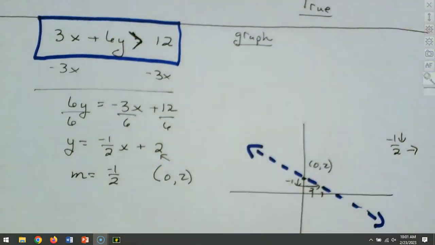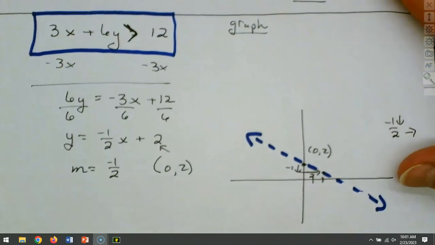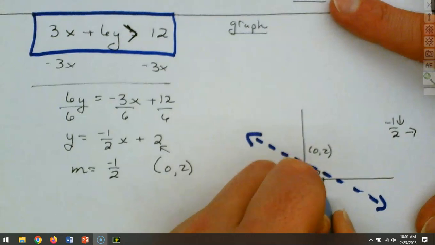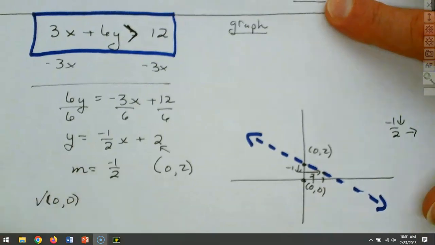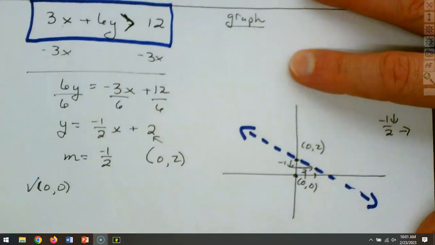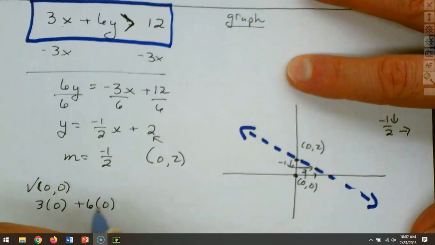And then we check 0, 0. Where's 0, 0 at? All right, 0, 0 is right here. And so now we're just going to check our 0, 0. Plug it back in our original here, and that's going to give you 3 times 0 plus 6 times 0, and we see if that's true or false.